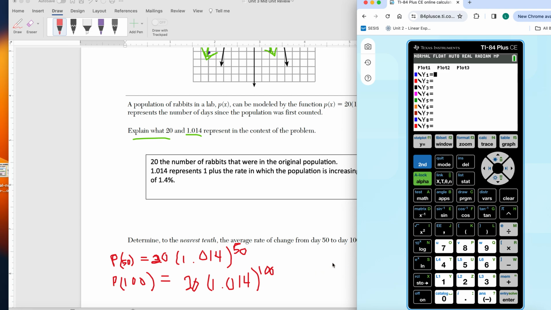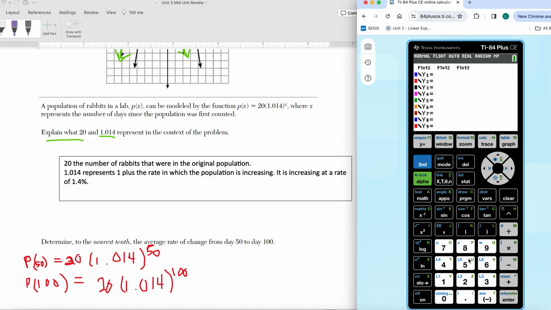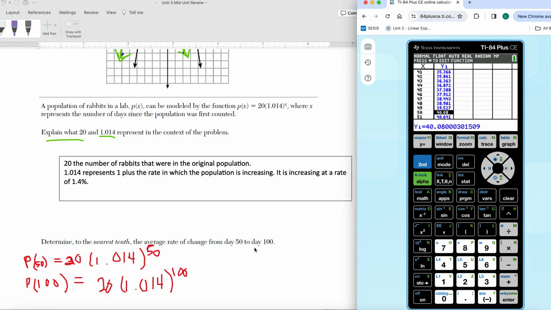Okay, I'm going to put the original function in, that we had, 20 times 1.014 to the x. And I'm actually just going to go to the table and find out when x is 50, what y is. So y is 40.08.